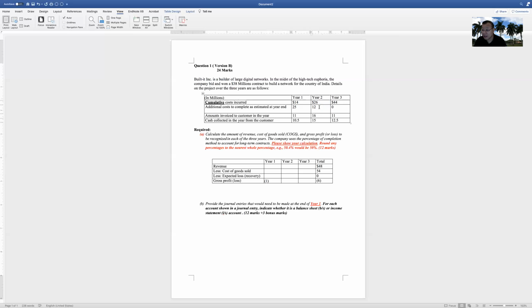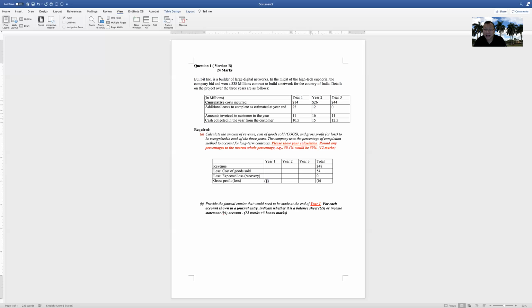So at the year end of year 2, I realize I'm not making any profit, and this is not an onerous contract. I will not lose. So at the end of year 2, the gross profit is 0. You should recognize 0 profit by the end of year 2, okay?